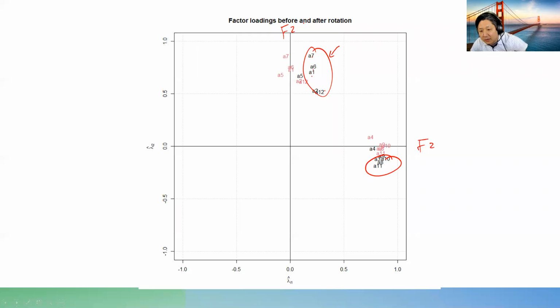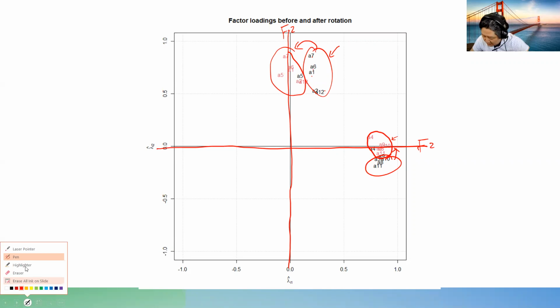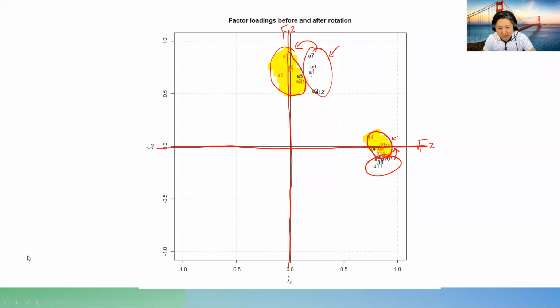But after rotation, these 6 items fit to the second factor, and the other 6 items go on factor 1. So it is a very clear pattern. You can check with that.